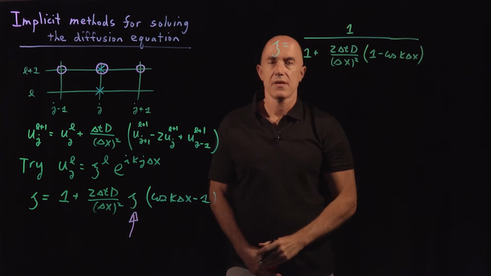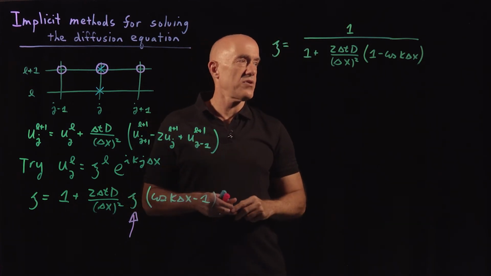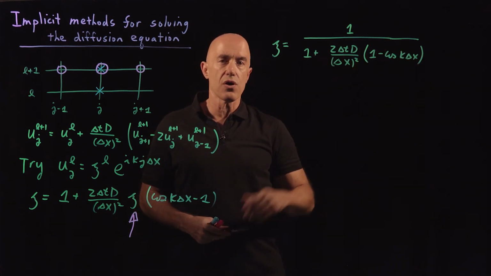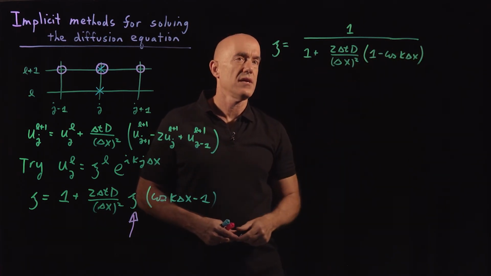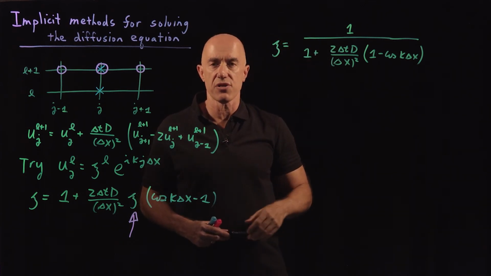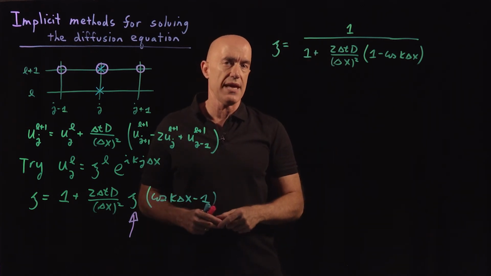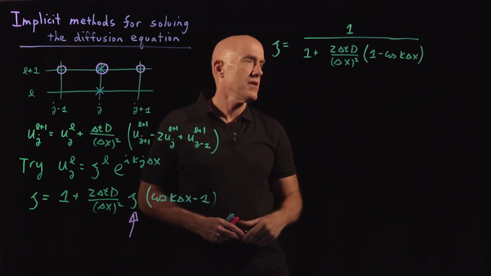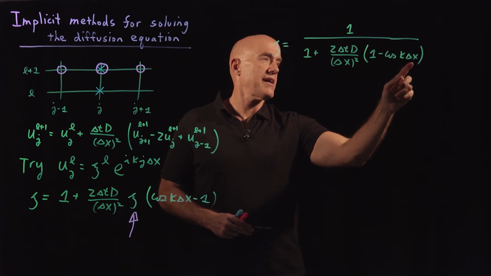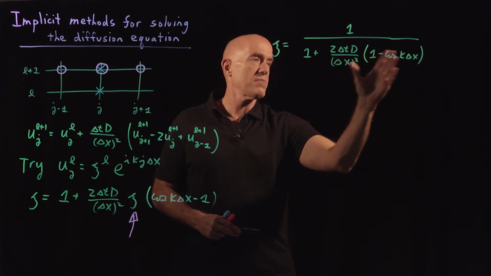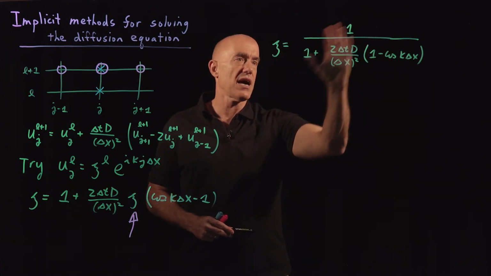Okay? Let's look at this value of psi. So we have to look at all the wave numbers k, right? Can psi have a magnitude larger than 1 for any wave number k? If it can, then the scheme can be unstable. But we look at cosine k delta x. So that can be 1, at which point 1 minus 1 is 0, so psi is 1.